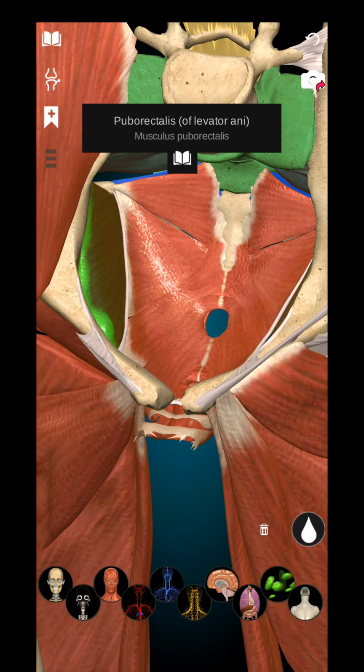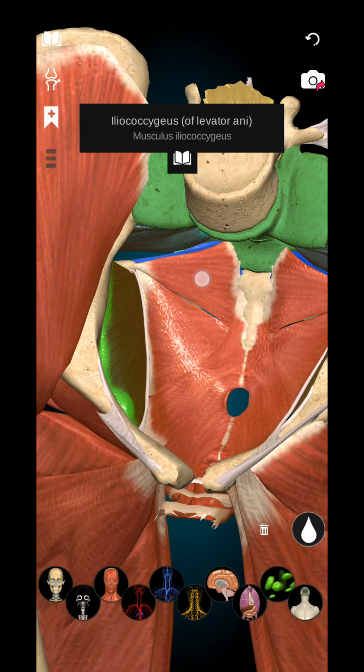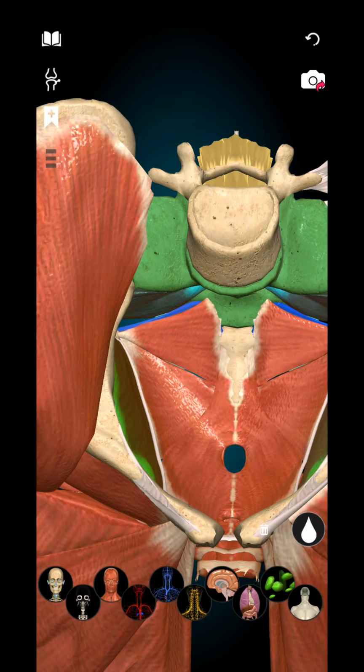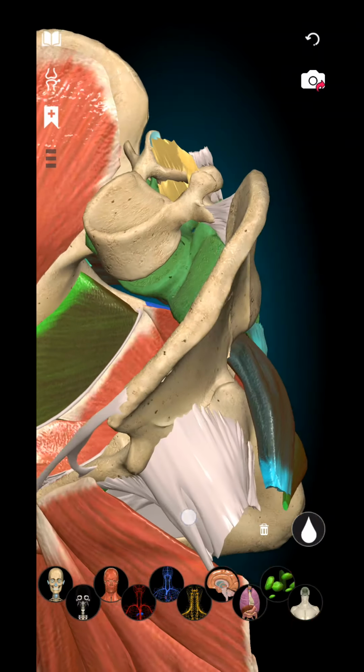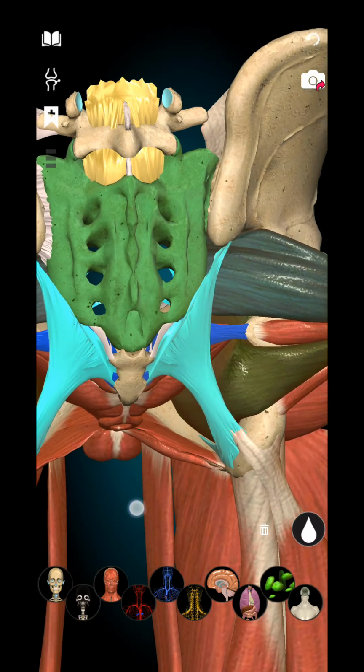It consists of various muscles: puborectalis, pubococcygeus, iliococcygeus, ischiococcygeus, right? Ischiococcygeus is technically considered separate from the pelvic diaphragm, but for all practical purposes, it is forming this concave floor of the pelvic cavity. Now have a look at the obturator internus from which aspect?